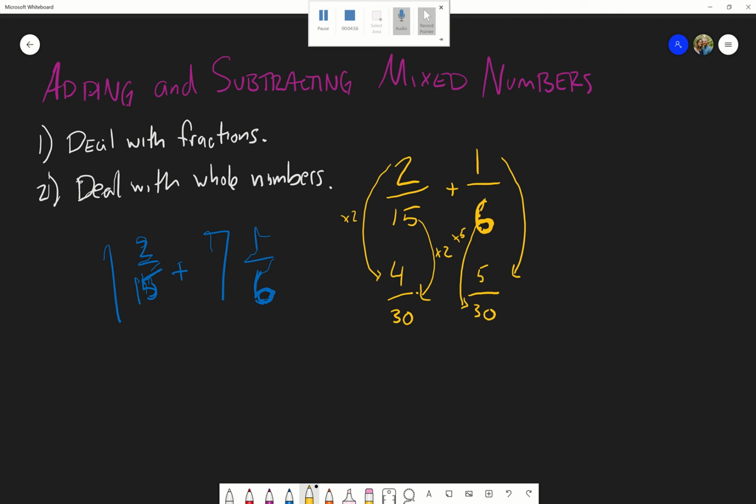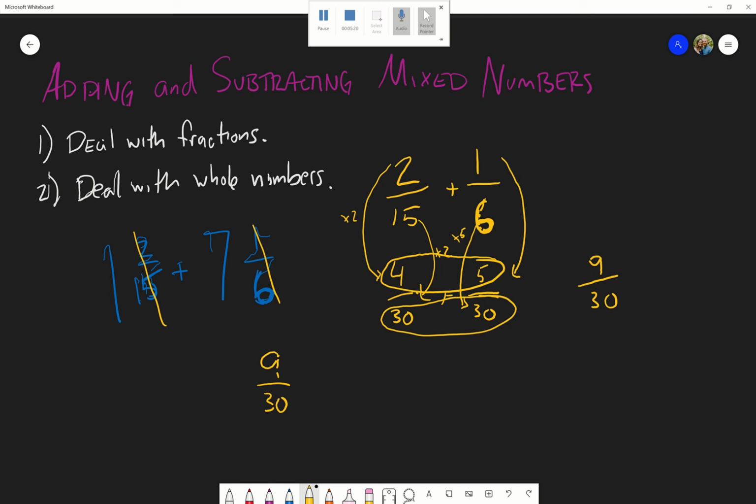And now that we have the same denominator, and numerators on top that can be added together, we add 4 plus 5, and we get 9/30. So dealing with our fractions, we get 9/30. Since this isn't any kind of mixed number, I don't have to worry about switching it out.